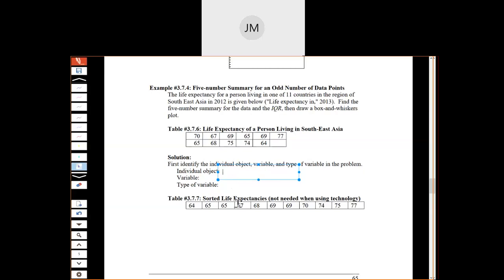So the object, if I'm looking at the things that we're picking, this says the life expectancy for a person living in one of 11 countries. Okay, so these are life expectancies for a country. So my object is going to be a country in Southeast Asia.